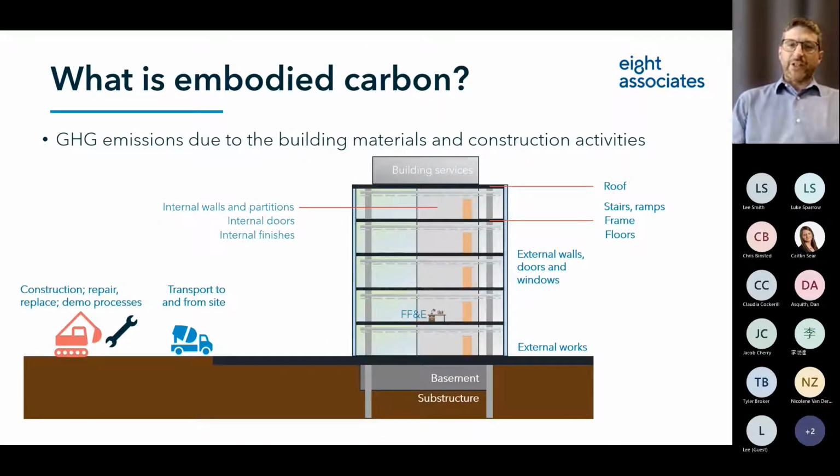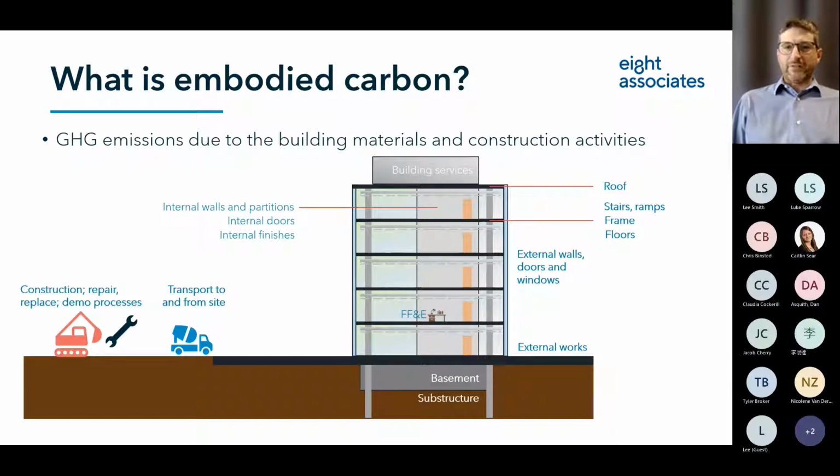So just to start off with, I think it's good to explore what is embodied carbon. In a nutshell, it's greenhouse gas emissions, CO2 and other gases that cause the greenhouse effect, from building materials and construction activities linked to the building process.